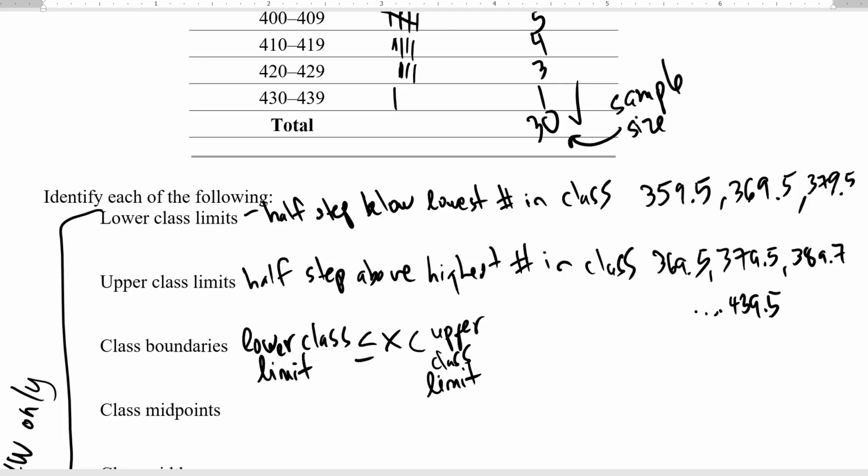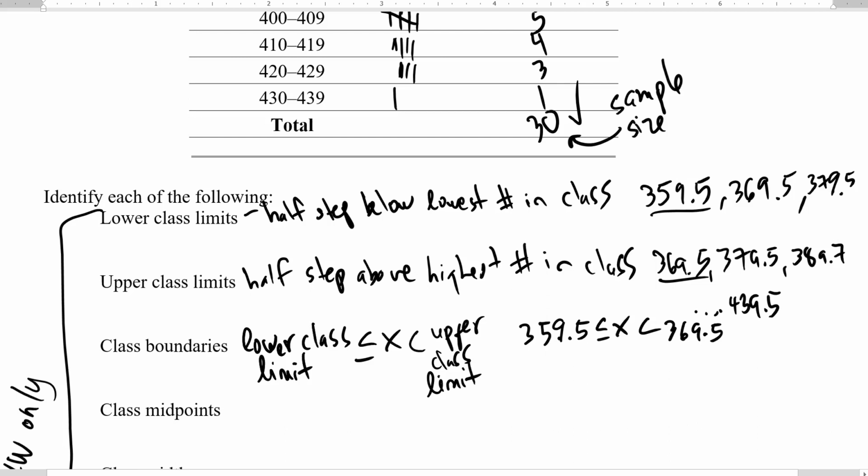Meaning our first boundary is going to be from lower class limit 359.5 up to the upper class limit 369.5.